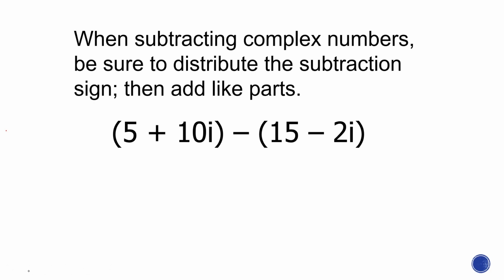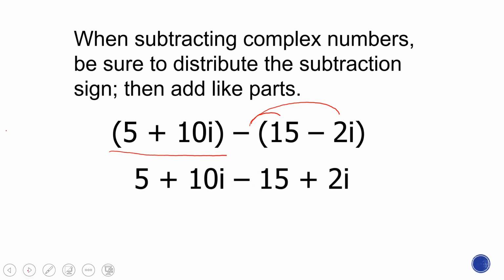The rule tells us that we need to distribute this negative sign to both 15 and negative 2i. So automatically we just need to remove the parentheses. The complex number on the left side, we will not do anything to that. We just keep it and remove the parentheses. So this is what will be the setup of the next problem.